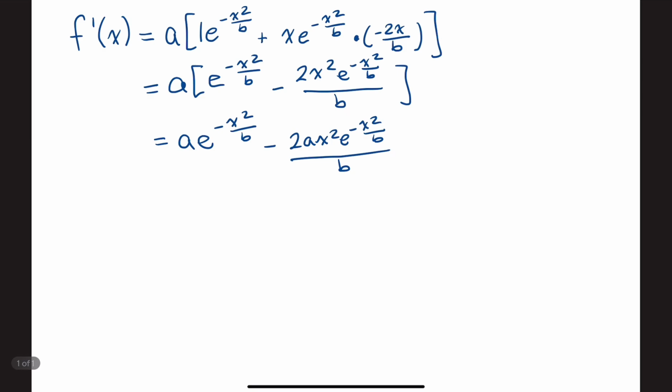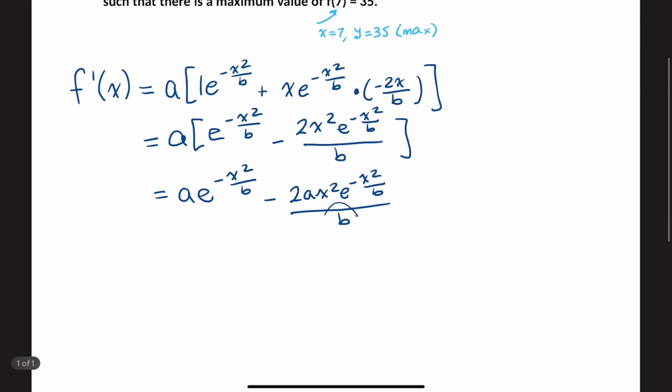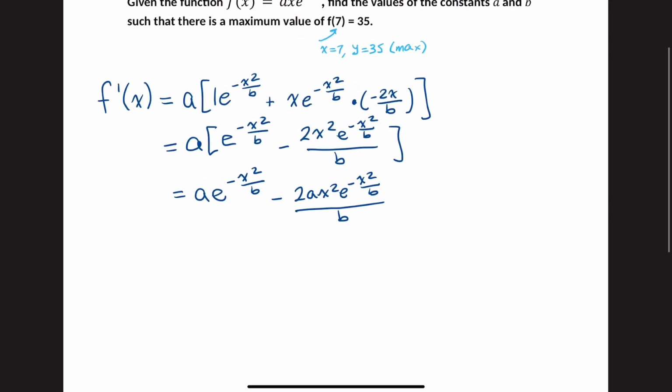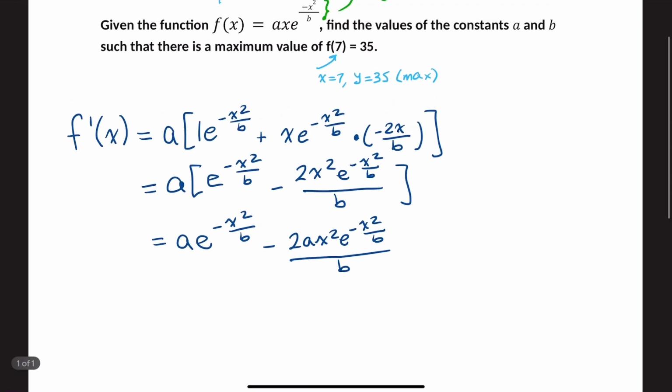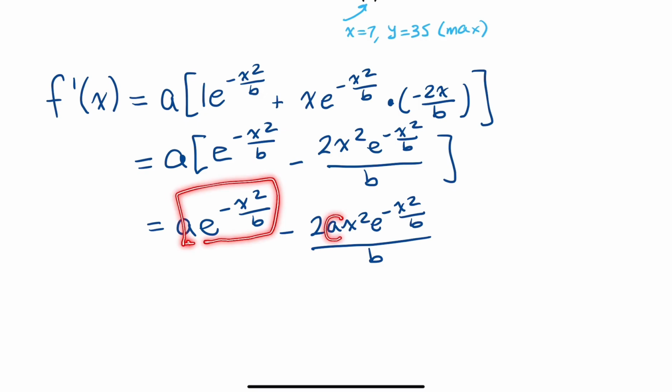Now, I want to set this equal to 0 and try to solve for b. That would be the easiest thing to do right here. However, right now this function is not written in a way where it's manageable to do that. So we should look at this function first and see if we can factor anything. We see that we have an a e to the negative x squared over b here, and likewise, we have an a here, and we have an e to the negative x squared over b here. So we can go ahead and common factor that out.